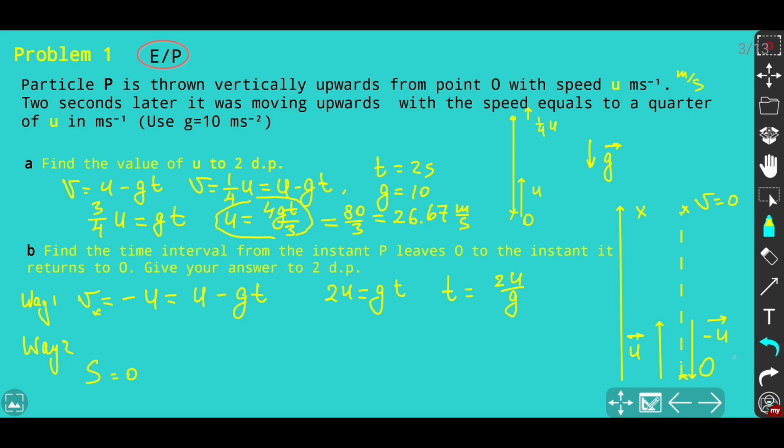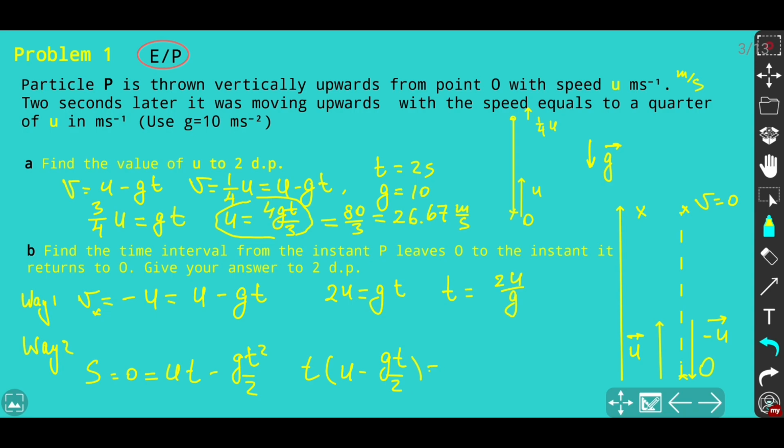And total displacement, as you remember, is a vector connecting the starting point and the ending point, so it's going to be 0. According to the formula, it's equal to ut minus gt squared over 2. So you need to solve the equation ut minus gt squared over 2 equals 0. You can factorize t, and in the brackets you'll get u minus gt over 2.